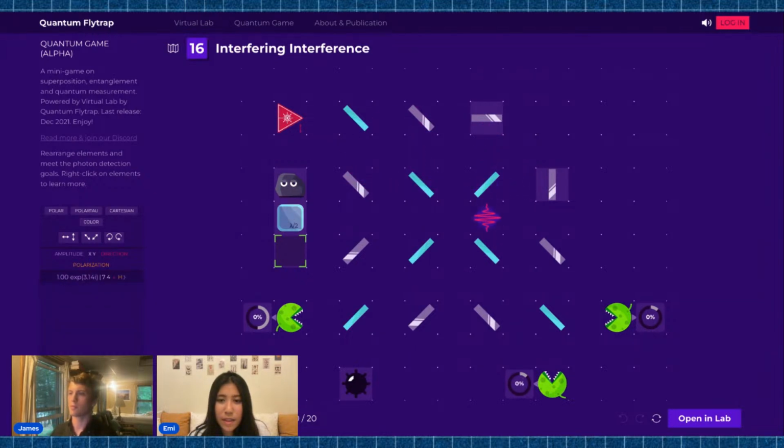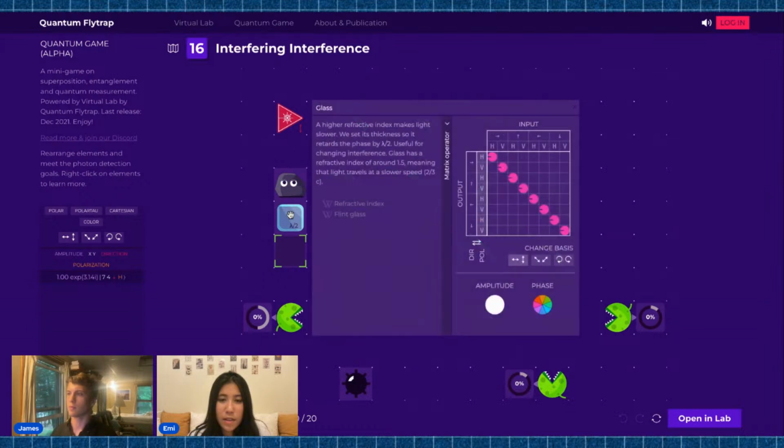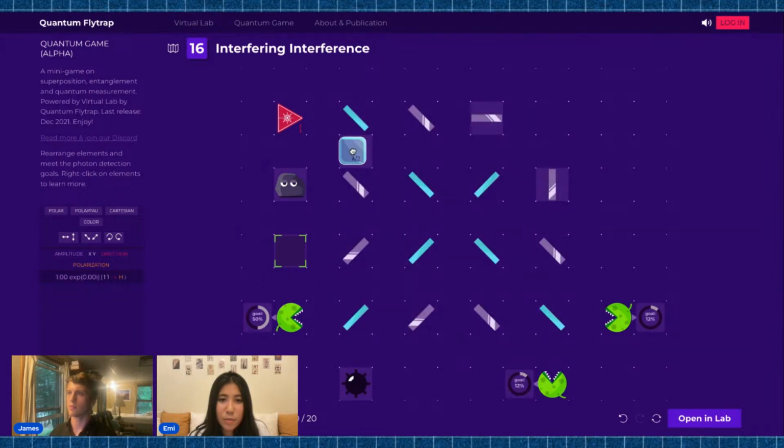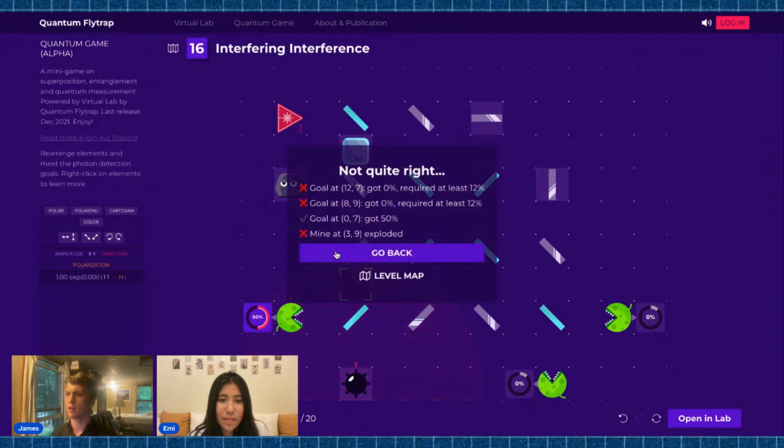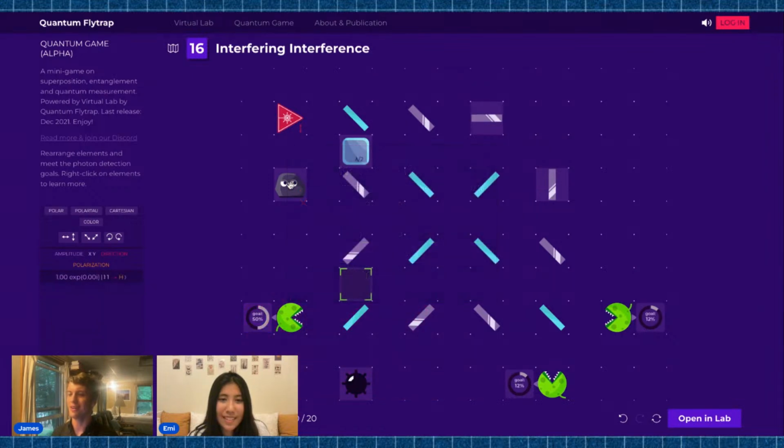So I'm thinking, what if we put this somewhere here? Except now it's just going to go to the mine, which we don't want. I wonder if this would work. Oh no. You got lucky there, but I guess what we have to do is... Would this work? Try it.